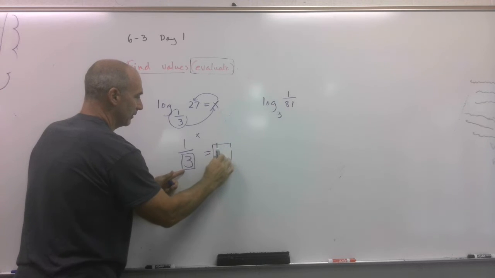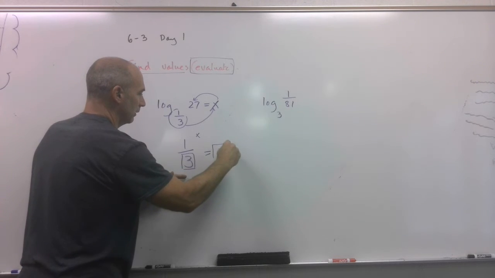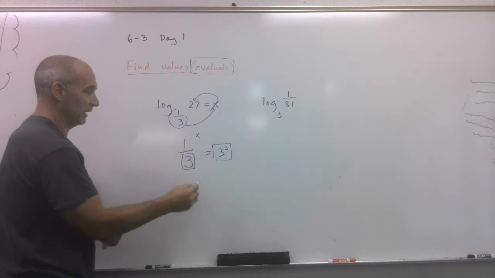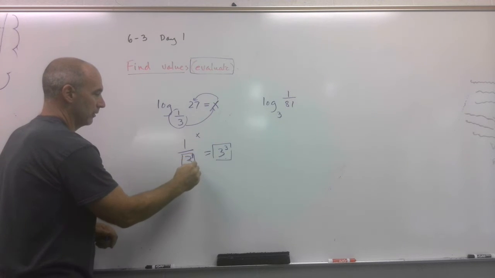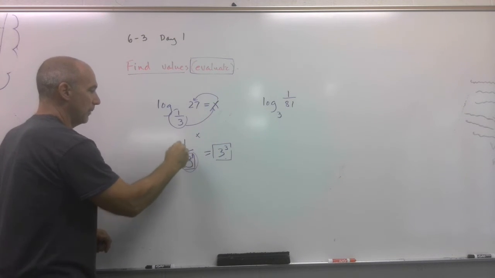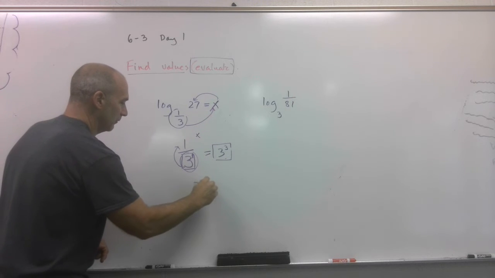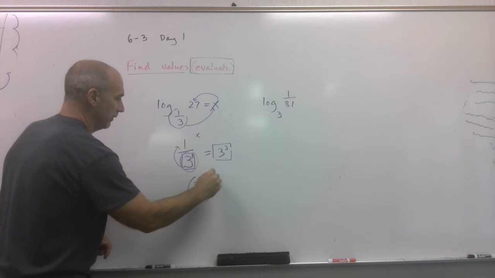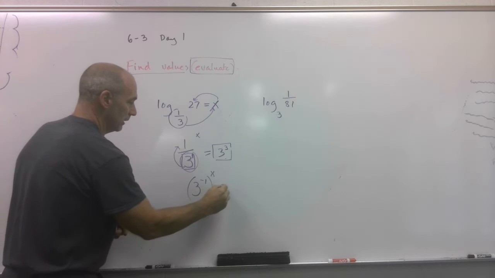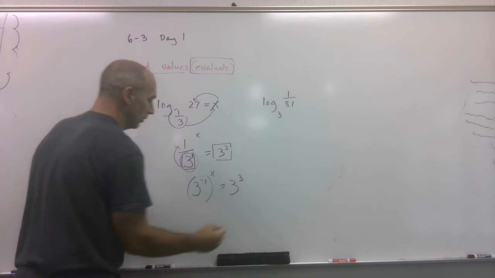So 27 can be written as 3 cubed. Now what's the trick? There's an invisible 1 there, so I'm going to bring this whole thing up. That's 3 to the negative 1 power now. That x is just there, equals 3 cubed.